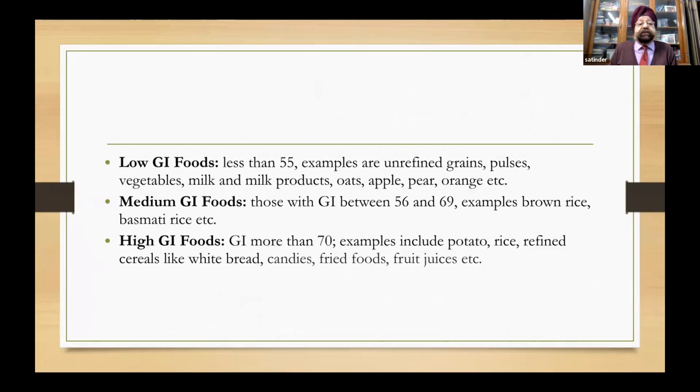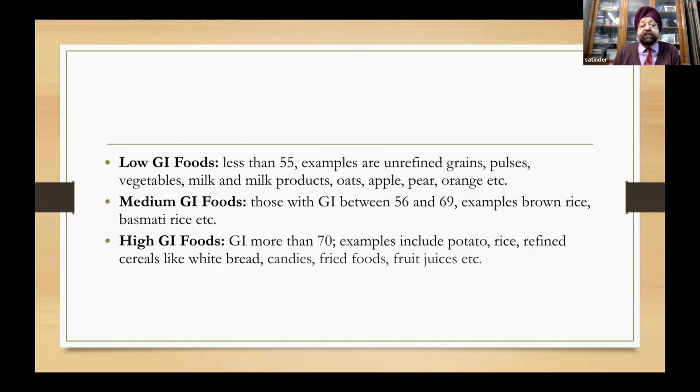Now, we have already talked about the values and the various examples of low GI foods: unrefined grains, pulses, vegetables, milk and milk products, oats, and among fruits apples, pears, oranges. Medium GI foods, those between 56 to 69, are like basmati rice and medium oats.